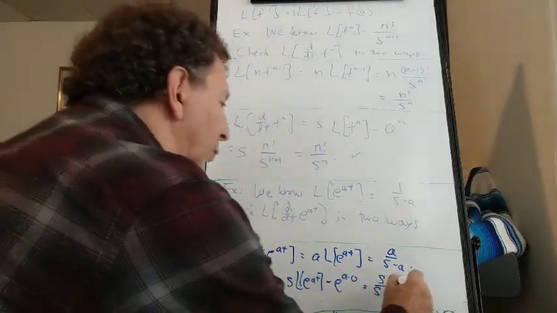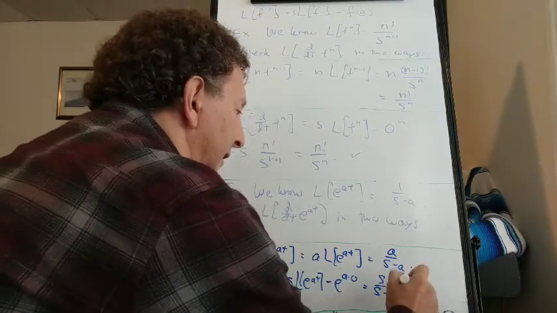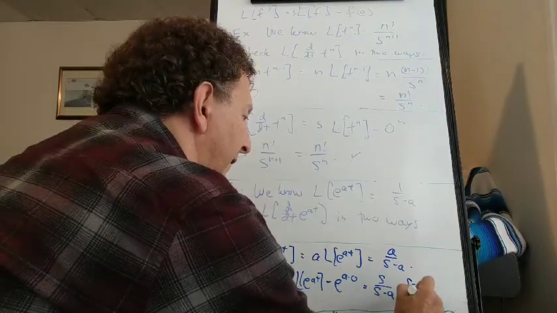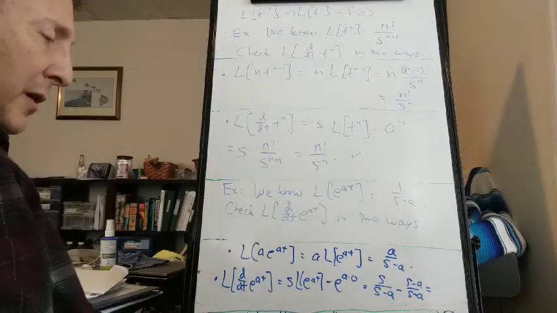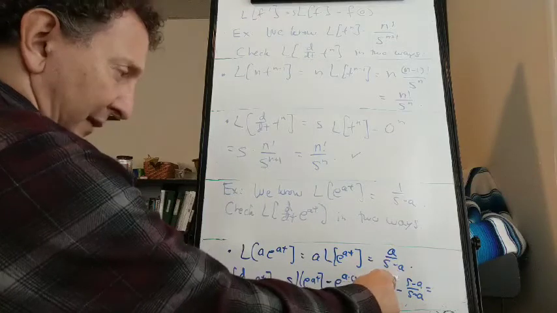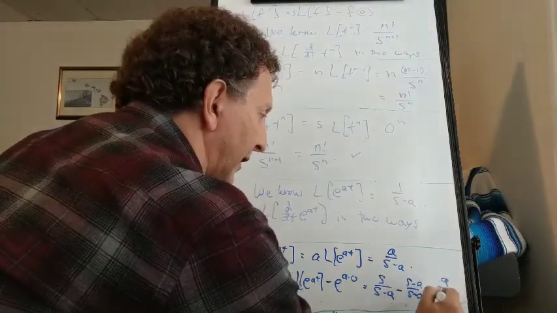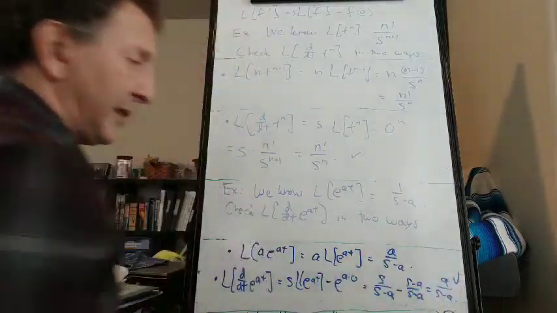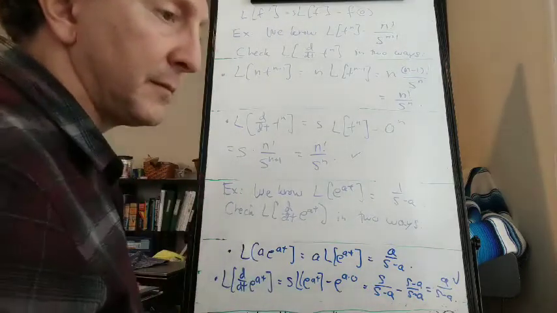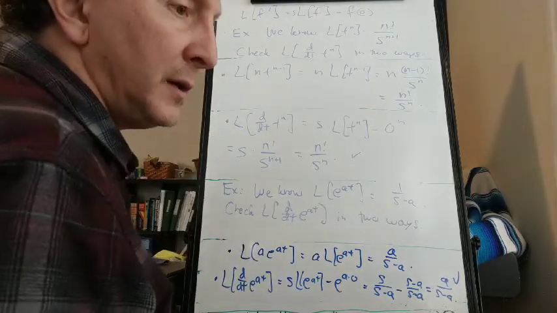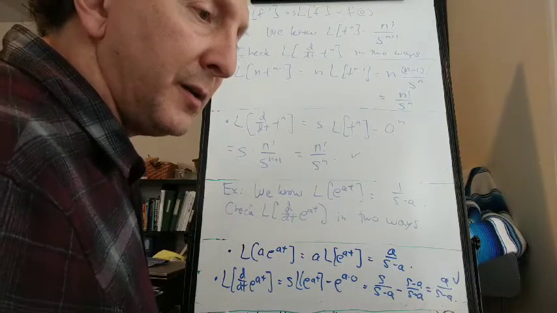Minus e to the 0 is 1. Let me write that as s minus a over s minus a. So in the numerator we have s minus s, which cancels, and then minus minus a, which is positive a, over s minus a. So that checks out. Let's do this with another example we know.